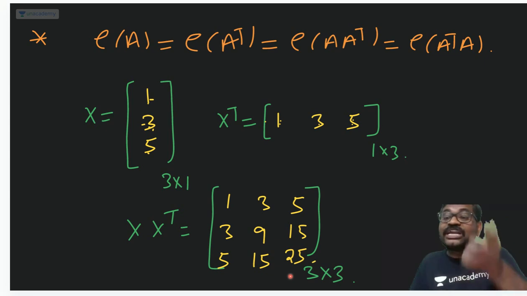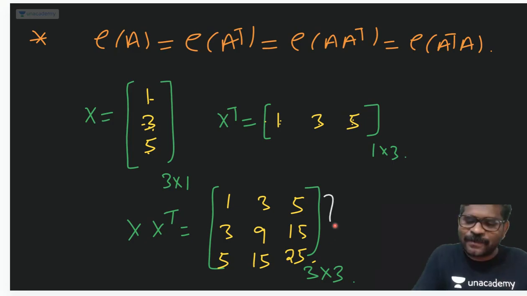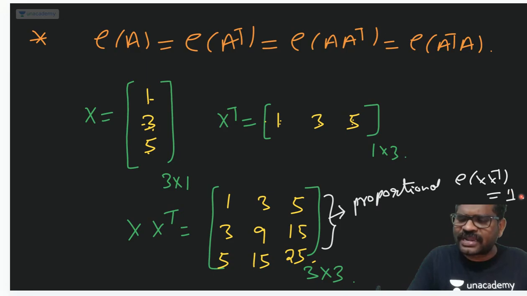Even though it is 3 cross 3, rank is 1 because all the rows are proportional. That's why rank of X into X transpose equals 1.